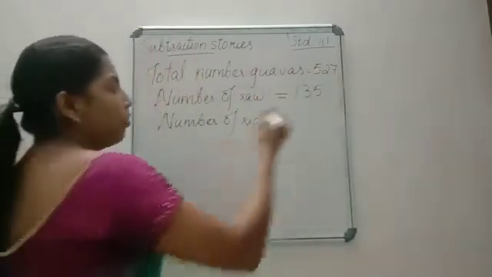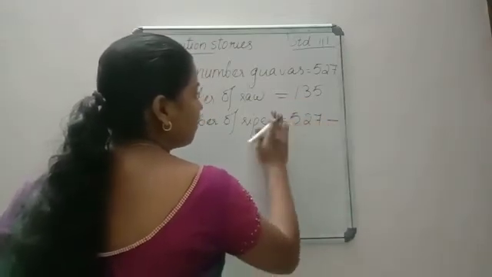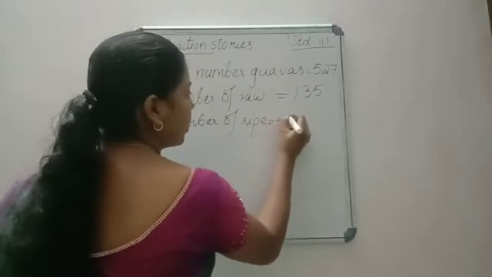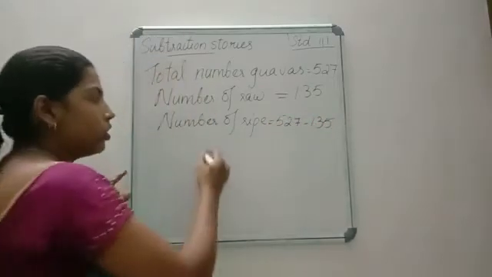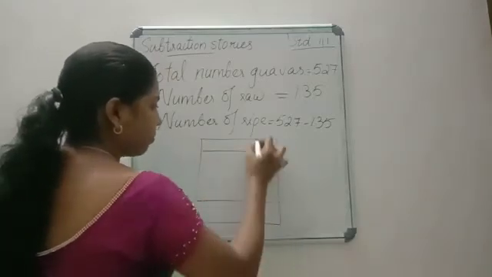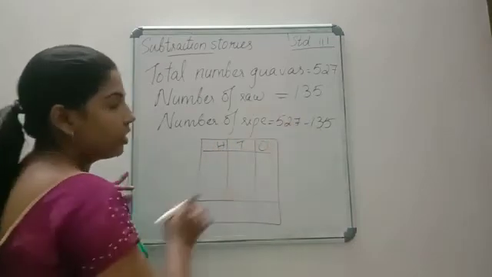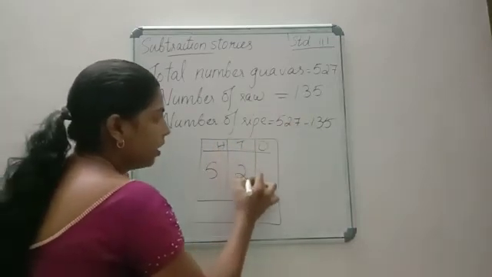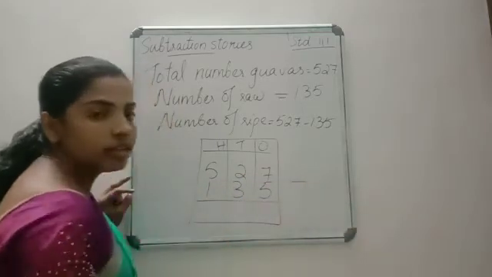Okay, so 527 minus 135. We can draw a column and do the subtraction. First it is 527, then 135 we are going to subtract.